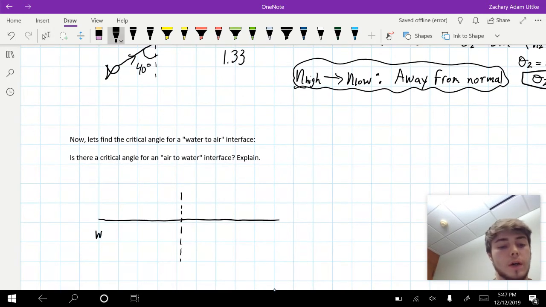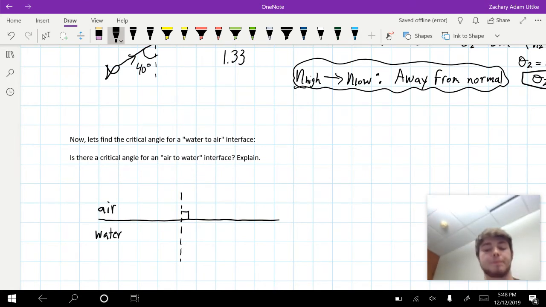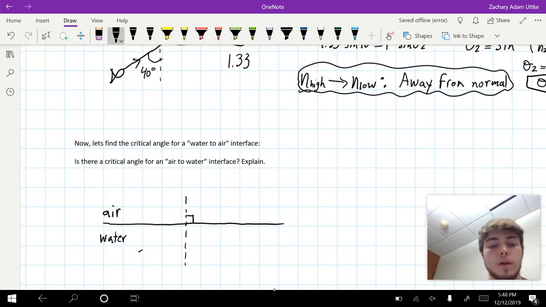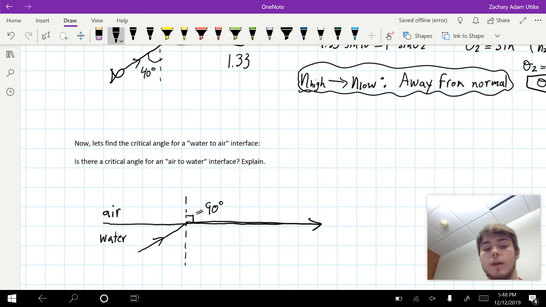So if this is water, and this is air, and this is our perpendicular normal, something that happens is when you have light coming from water, so coming from a dense medium to a less dense medium, eventually it will jut out along the surface of the water like that, and it will make a 90-degree angle. And when that happens, this angle right here is called the critical angle.